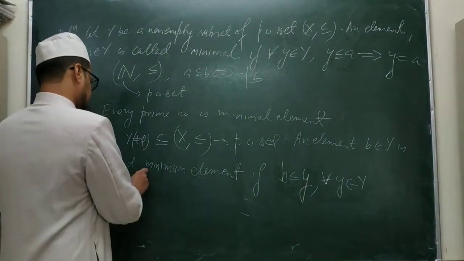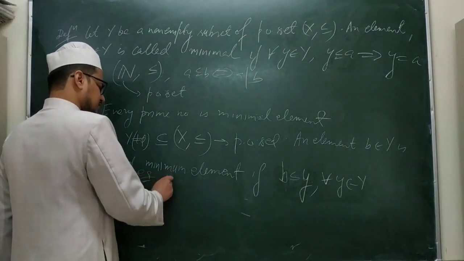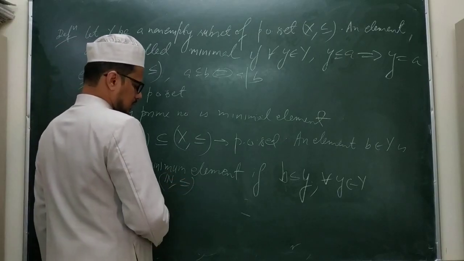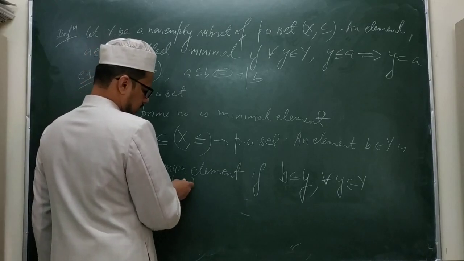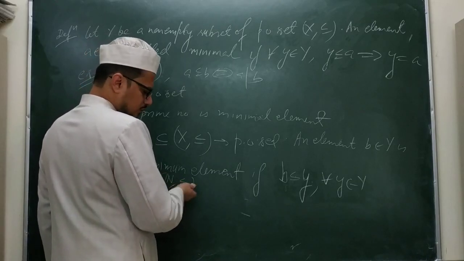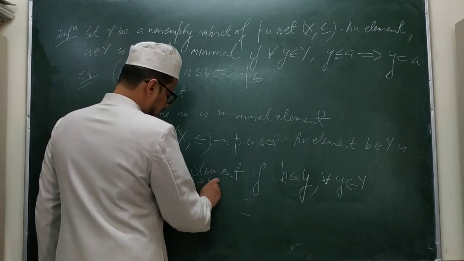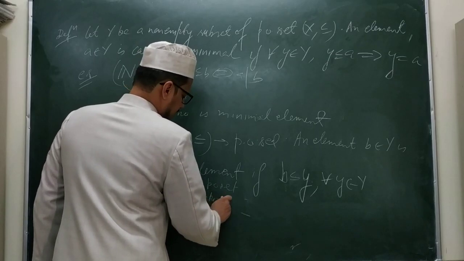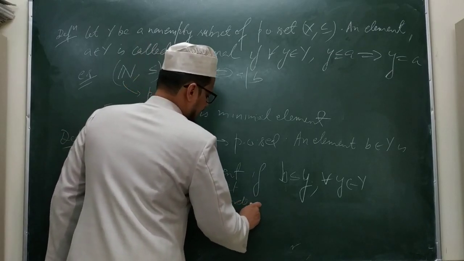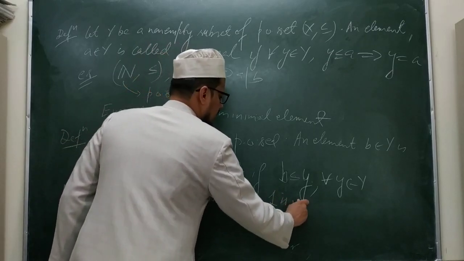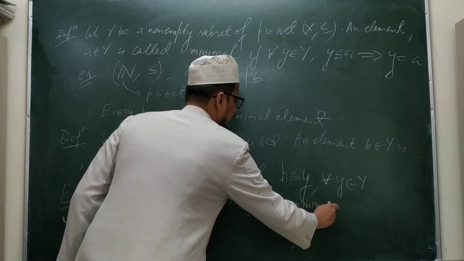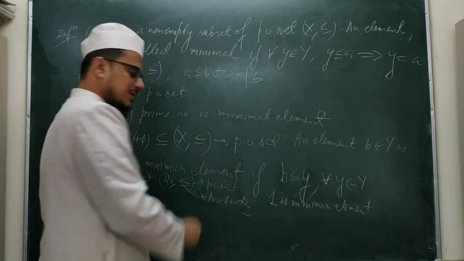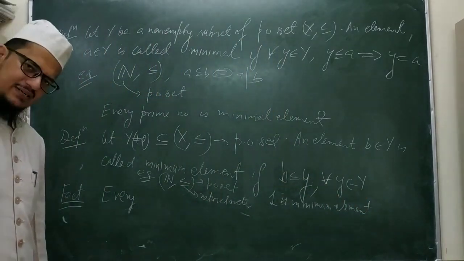You take the set of natural numbers with the usual order, the natural order. This is a partial ordered set, of course. You can see that one is the minimum element in this partial ordered set.